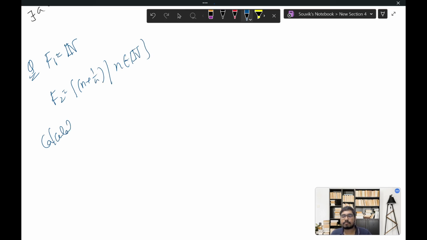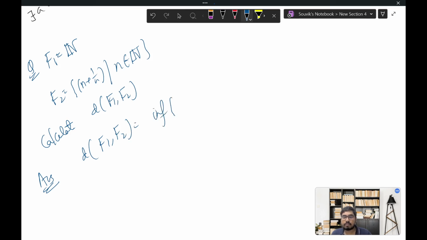Calculate d(F1, F2). Observe that by definition d(F1, F2) is equal to the infimum of d(x, y), x belongs to F1.